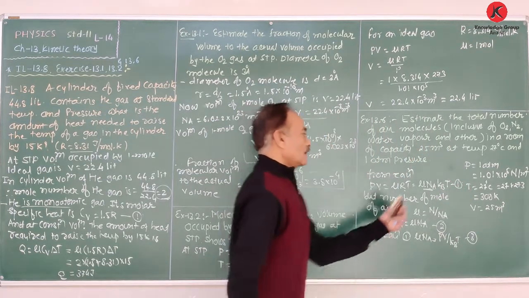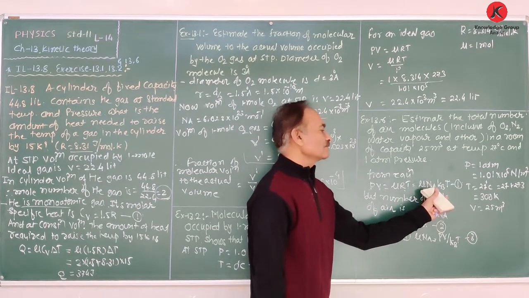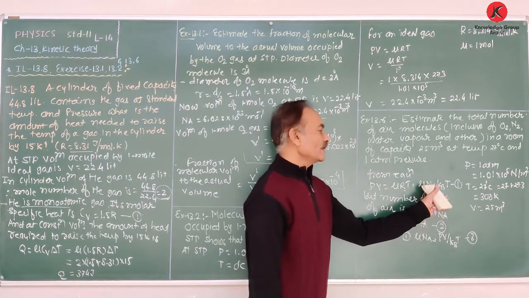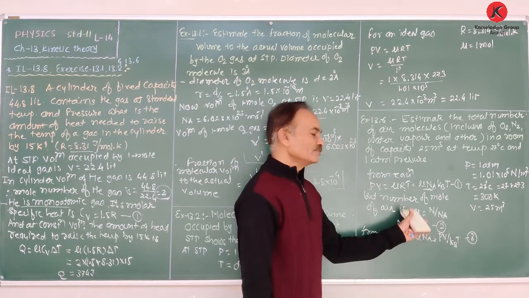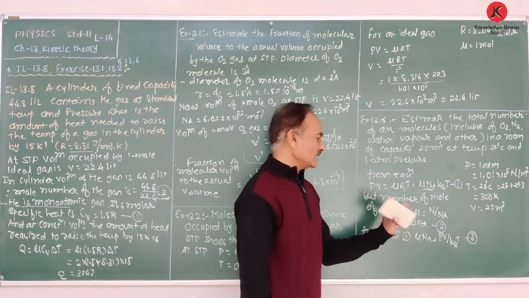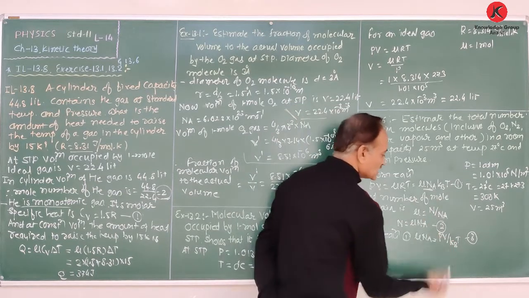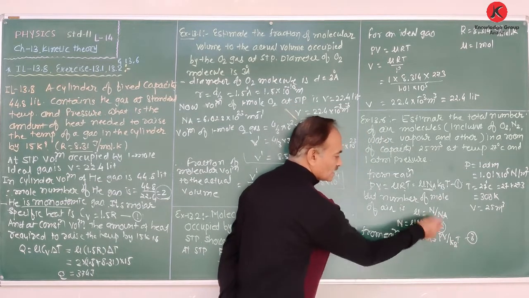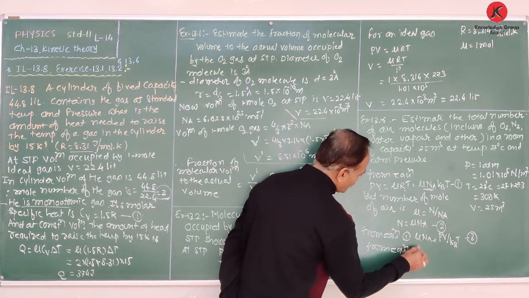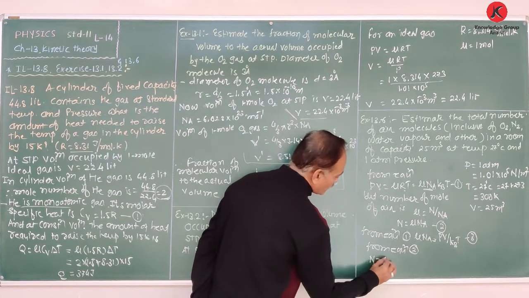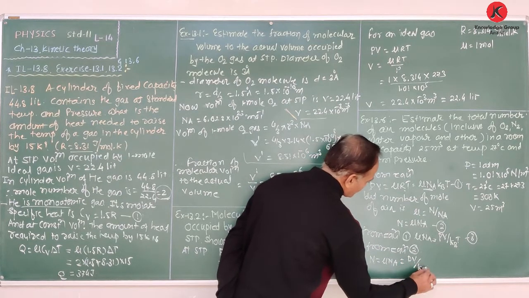Again, our equation 1 is PV is equal to mu RT. Here we substitute the value of R is equal to Na into Kb. Therefore, mu Na KbT. And the number of moles of air is mu is equal to N upon Na. Therefore, N is equal to mu Na. So from equation 1, mu Na is equal to PV upon KbT. And from equation 2, N is equal to mu Na is equal to PV upon KbT.